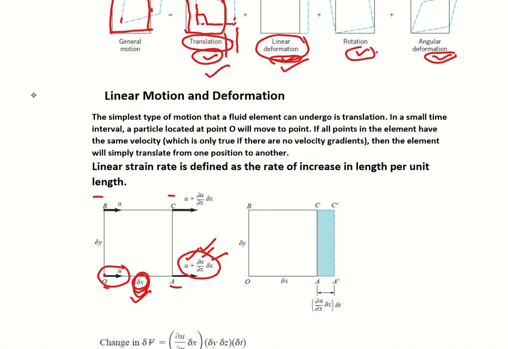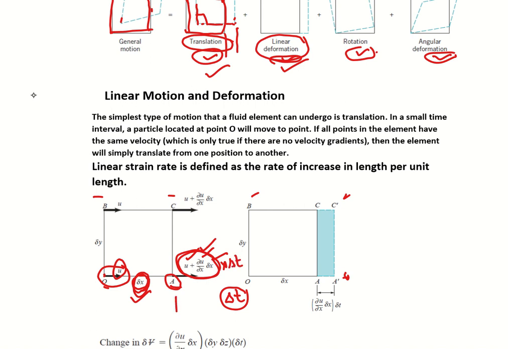So after time delta t, this particle O, A, C, B occupies this position O, A dash, C dash, B. And this O to O dash is the movement, which is equal to u multiplied by delta t. And A to A dash will be equal to u plus del u over del x into delta x, velocity multiplied by the corresponding time, delta t.